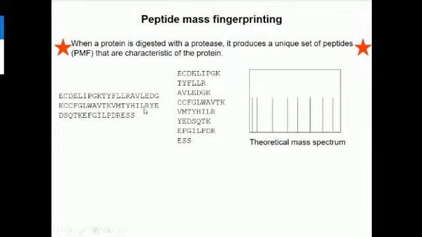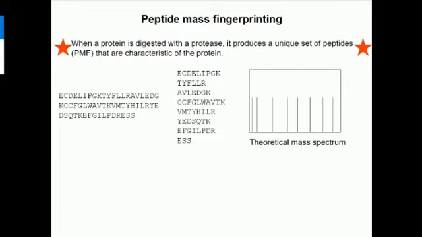If we digest that with trypsin, we would, in theory, get all of those peptides, because those are the cleavages at the lysine and the arginine, which should, if we record a mass spectrum, give us something like this, where we've got each peptide observed in the mass spectrum. I've written theoretical mass spectrum. You see that they're all of the same abundance.